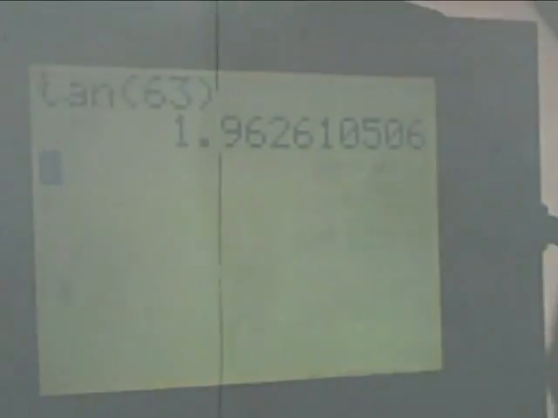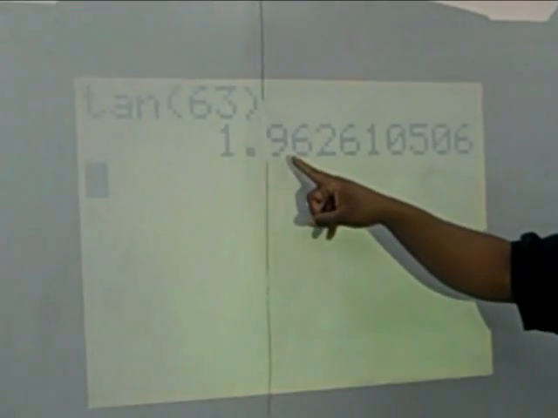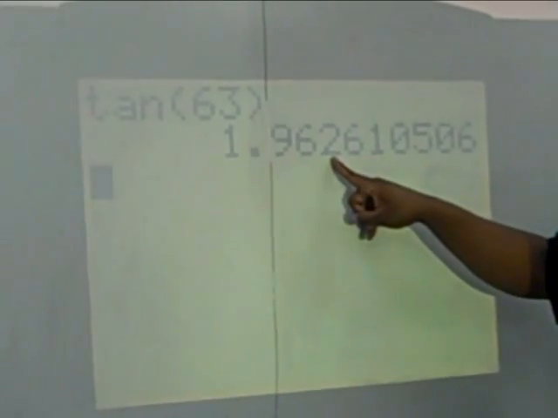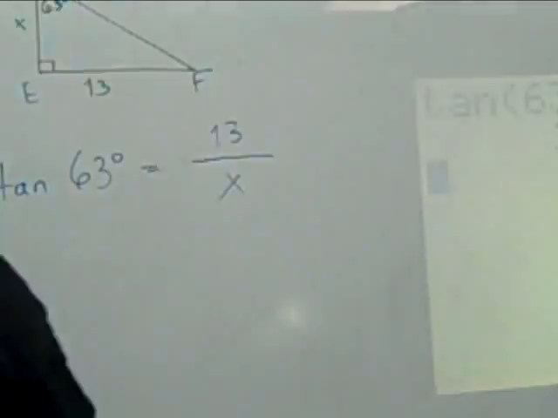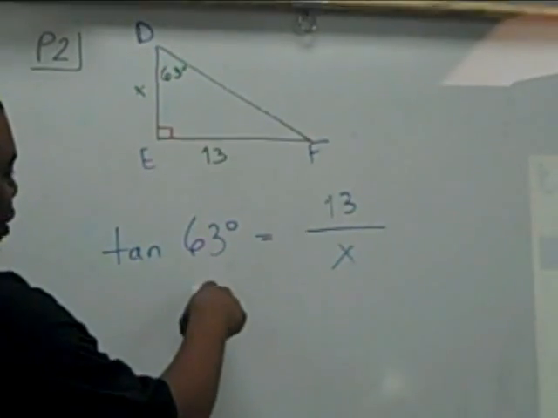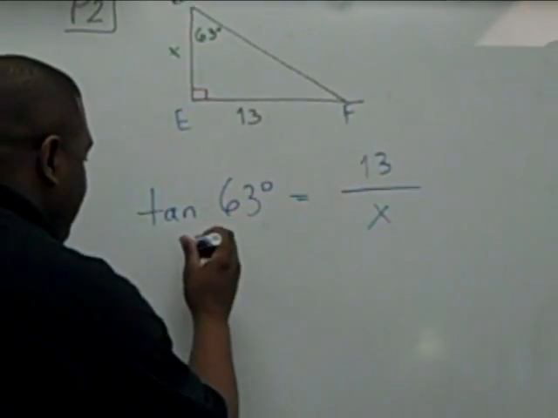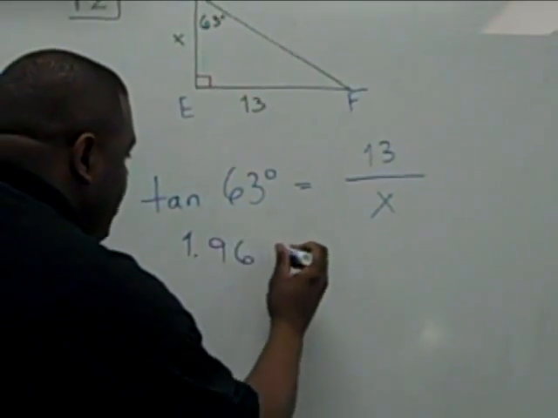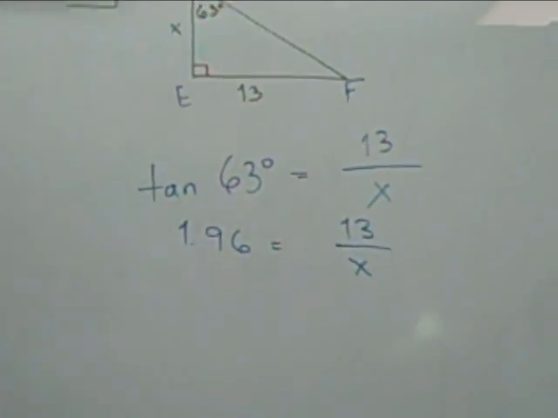Now, we're just going to round this to the nearest hundredth. So we have 1.96, 2 is too low to round up, so we're going to keep it at 1.96. So I'm just going to replace the tangent of 63 degrees with 1.96. And that's equal to 13 over x.